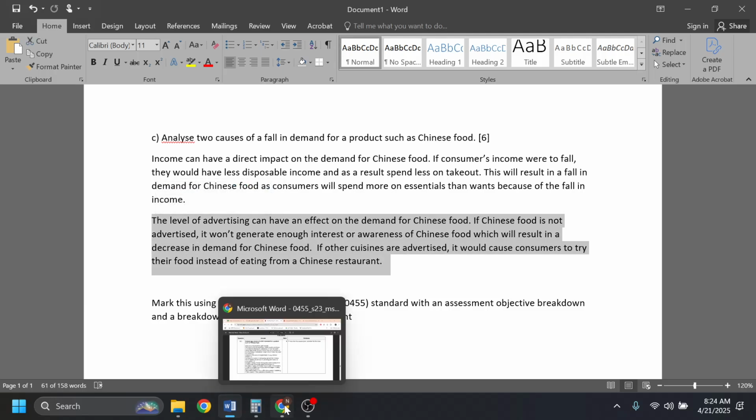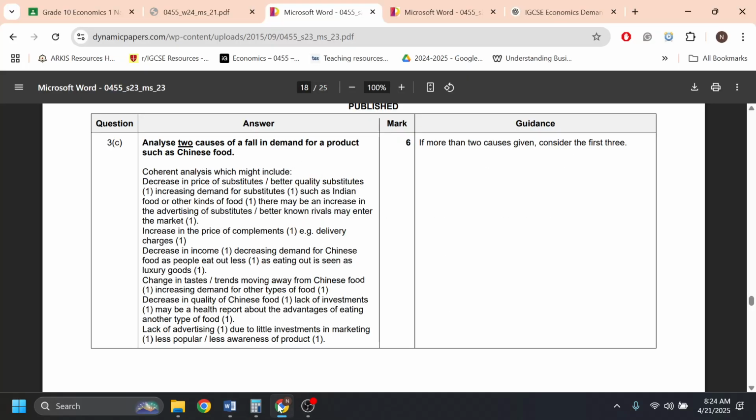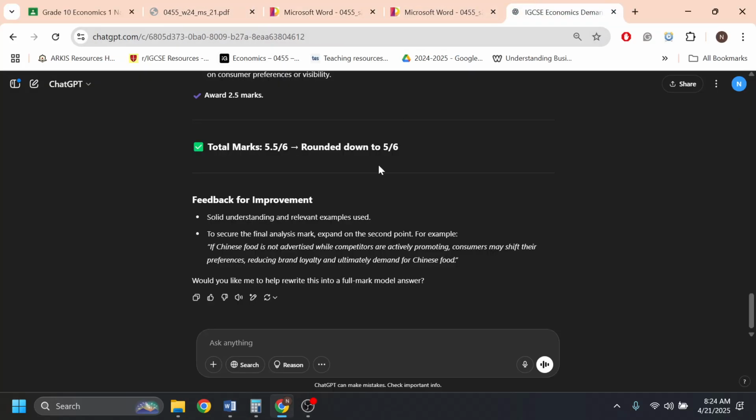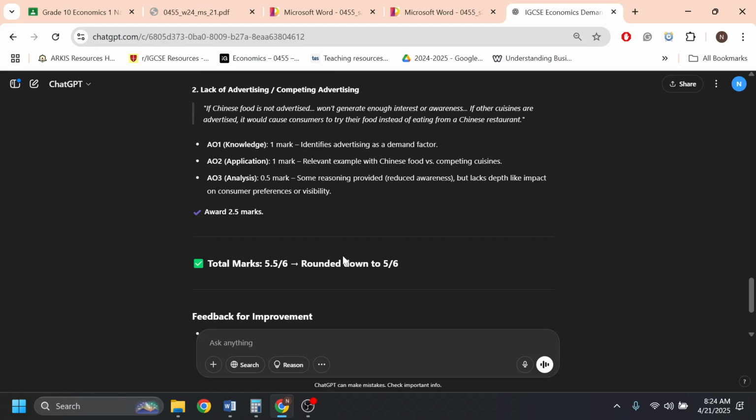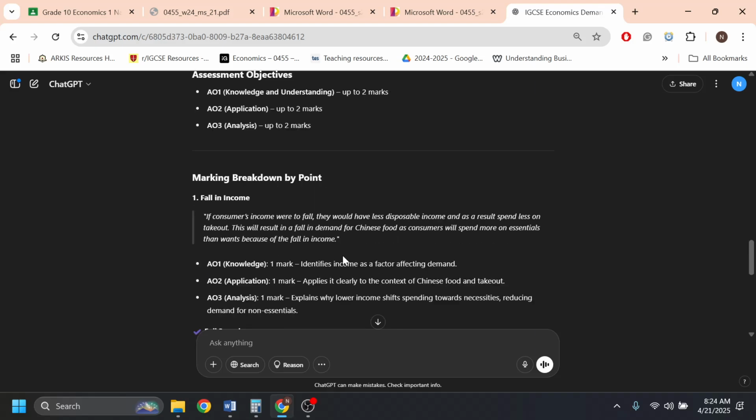So that's how you should use AI for your revision and for your exam answers and your exam technique. It is important that you recognize why we do this. We do this not so that we can show that we are perfect, because obviously we're not.